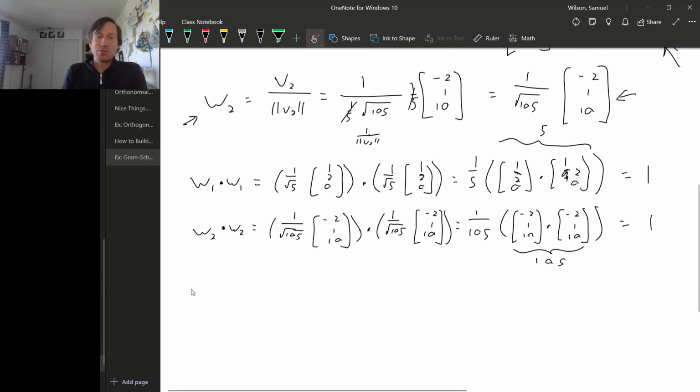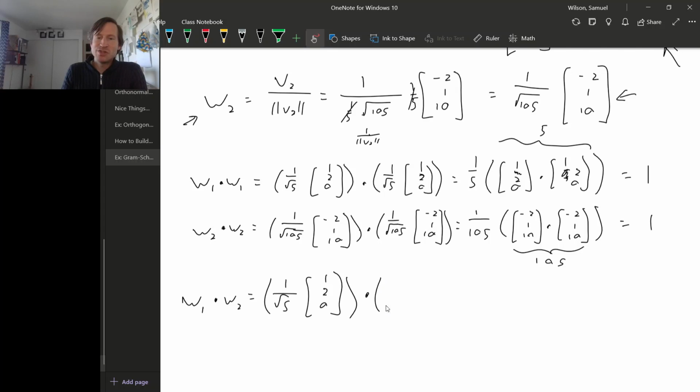Now let's check that they're perpendicular. So let's calculate w1 dot w2. w1 is 1 over root 5 times 1, 2, 0. We're dotting that with w2, which is 1 over root 105 times minus 2, 1, 10.